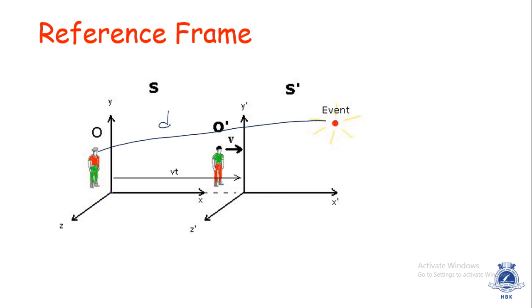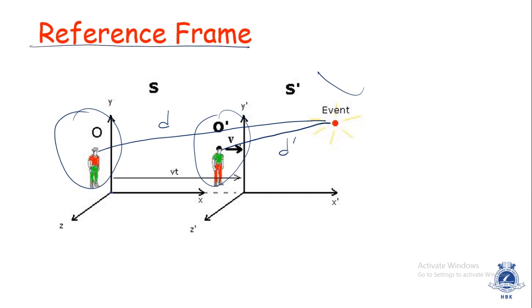Suppose this distance is D, and the observer which is at O dash will have some less distance, let it be D dash. So over here these are the two observers and they are observing an event. Basically the reference frames are different, so that's why they will have a different distance from the event.